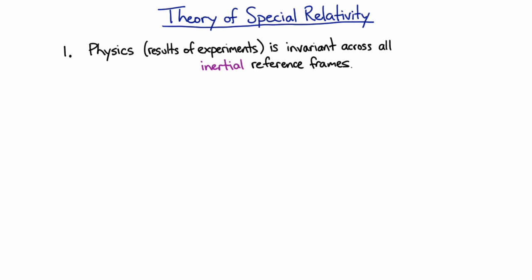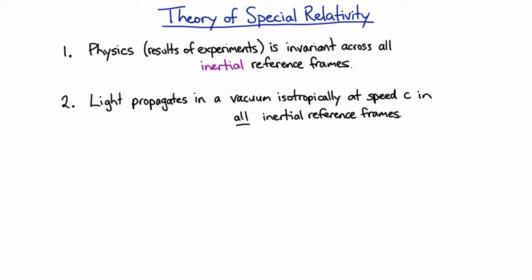Now Einstein made one other assumption for his theory, and it was a much weirder assumption. He said essentially that there's no such thing as ether, and that light propagates in a vacuum isotropically, which means in all directions, at speed c in all inertial reference frames. If it happens in one inertial reference frame, then it must happen in all inertial reference frames.